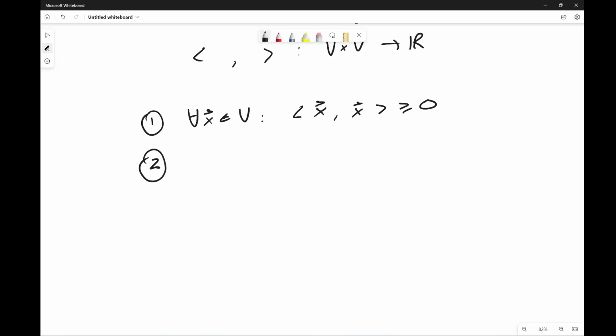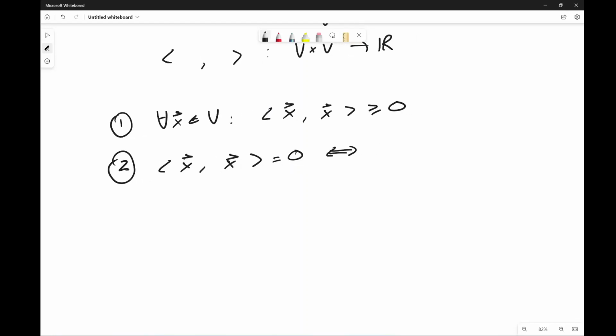And the second property is, again, these are pretty similar to just the dot product properties, because especially for real numbers, they are almost identical. For complex numbers, it differs a bit.